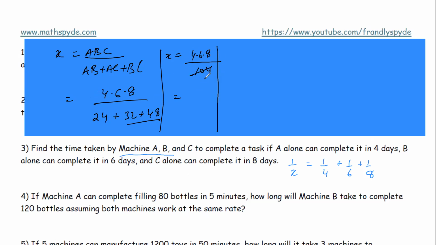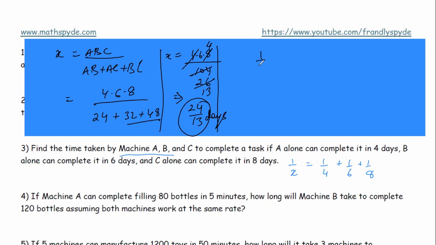So we have multiples: 4 2s are 8, 4 6s are 24, right? And then we have 2 4s are 8, 2 13s are 26. Therefore, the answer is 24 over 13, correct? That many days.